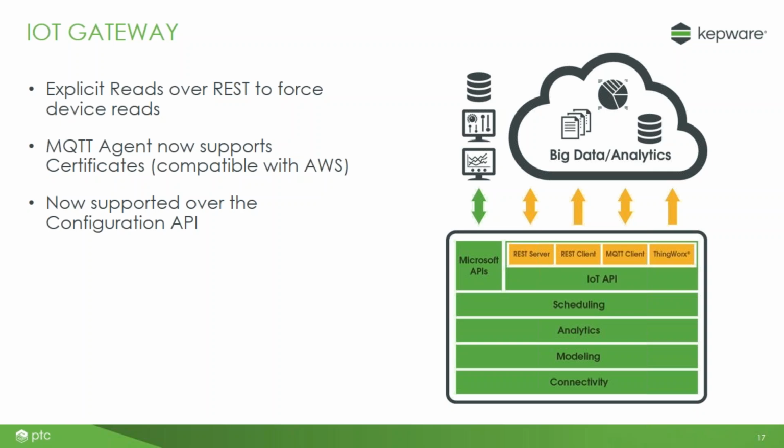So if you have an Amazon server, you can actually get KEPServerEX data into an app or something you might be running on AWS. So that's really exciting. We did support connections to AWS before, but the security and managing the certificates wasn't built in, so it was a little extra legwork you had to do. Now that's all rolled into the server, so very exciting. Also, the IoT Gateway is now supported over something we call the Configuration API, which I will explain more in a second.